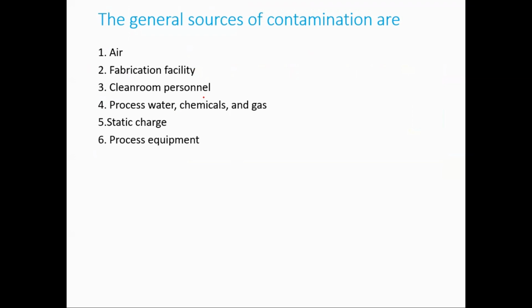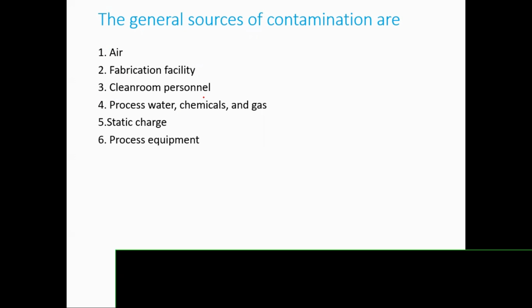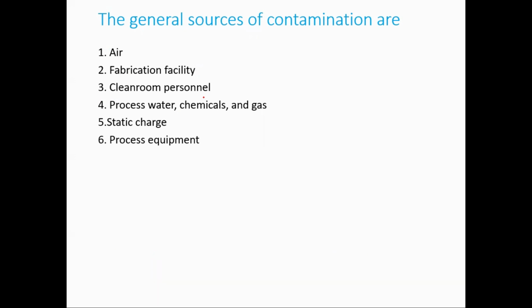If I'm entering the fab lab without proper attire, like a PPE kit, gloves and mask, that's again a problem and maybe a source of contamination. Then the water, chemicals, or gas I'm using in various processes contain contamination sources. So again, they are creating the problem.